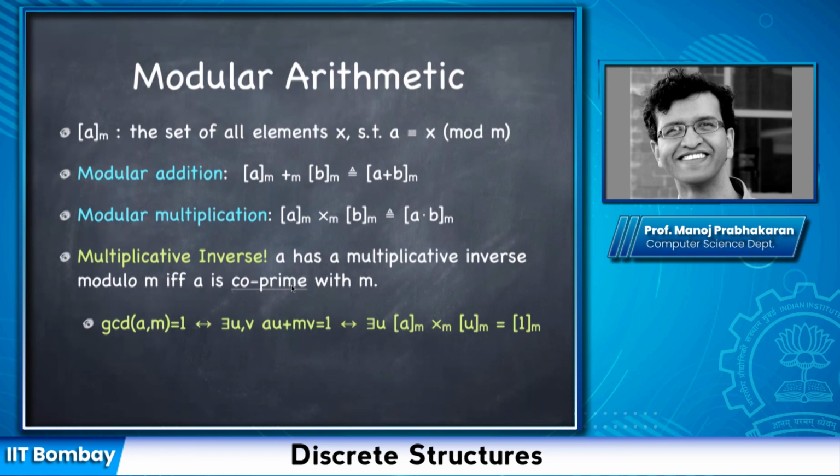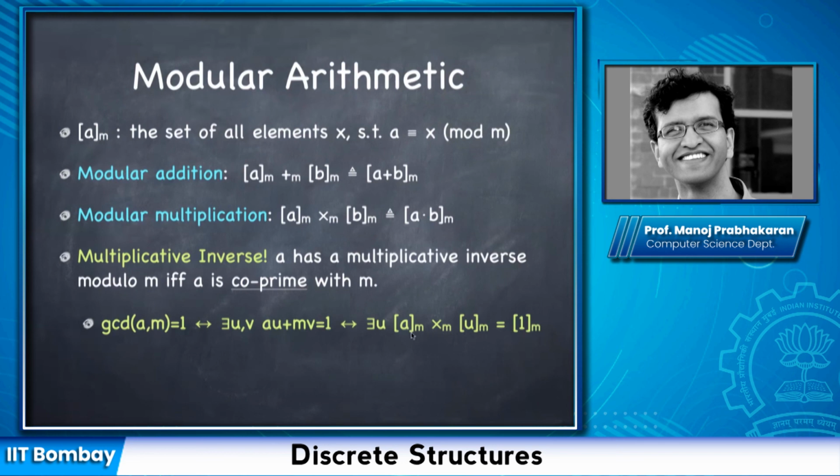Co-prime means they don't have any common divisors other than 1. So the GCD of a and m equal to 1 is the same as saying a is co-prime with m. That's the definition of being co-prime. So the claim here is that this is the exact situation when a has a multiplicative inverse.